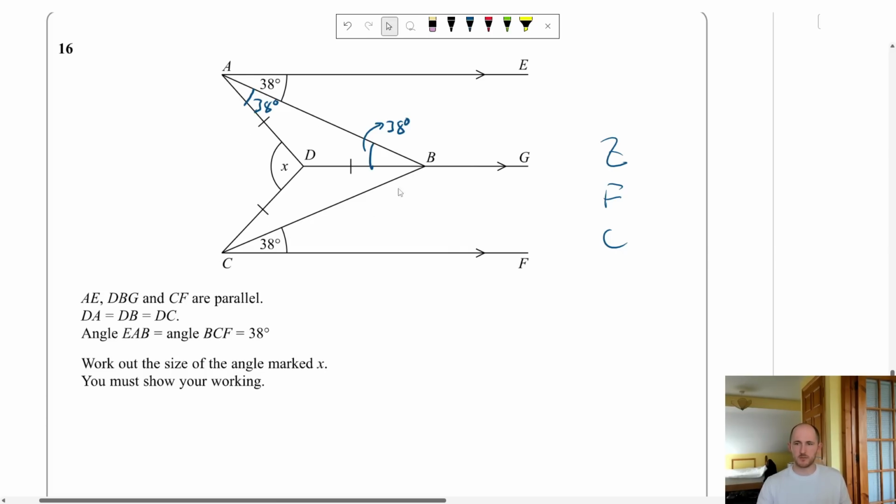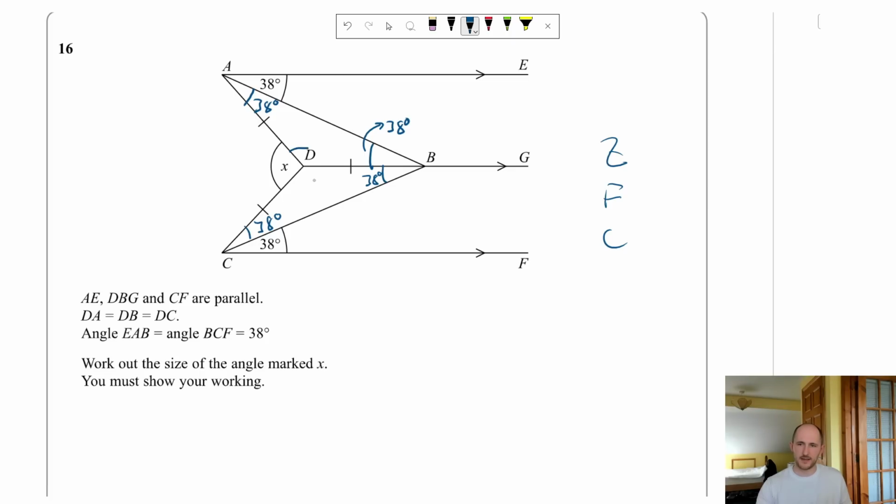If you look at this bottom triangle, it's actually identical. It's literally the same thing again. So if you want to, you could just write triangle CDB is congruent to this top triangle, so the angles are the same.